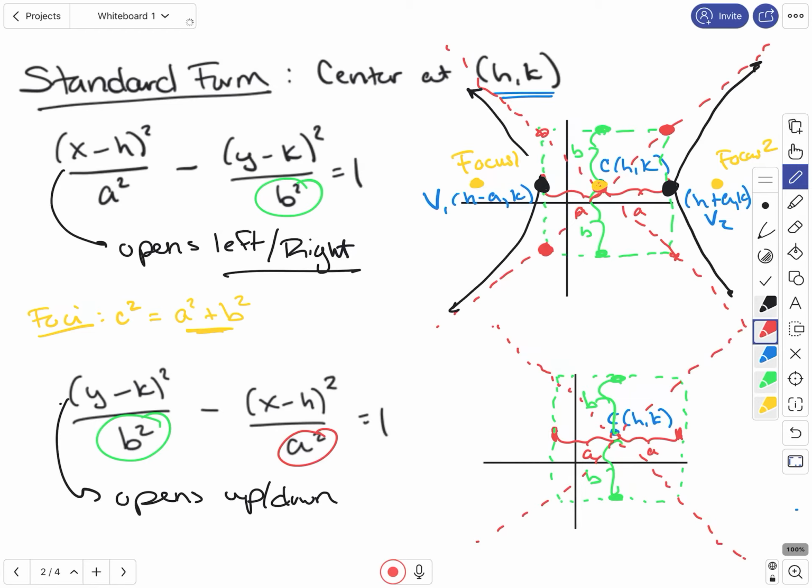And this graph at first is going to look a heck of a lot like the one above. Now, if you notice, the only difference between the two standard forms is that in the top one, the x is positive and comes first. And in this one, the y is positive, and the negative comes after that.